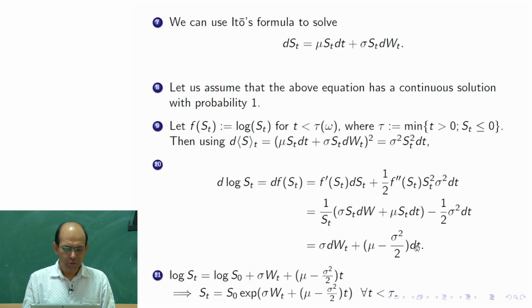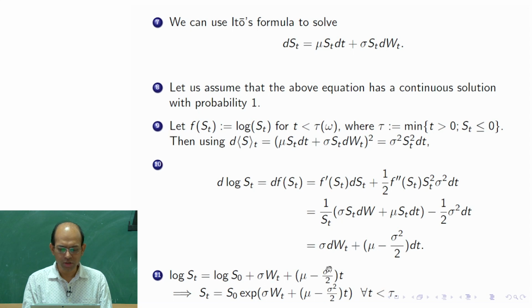Now I can integrate both sides from 0 to t. If you integrate this from 0 to t, I would get log S_t minus log S_0. That log S_0 I transfer to the right hand side. So, log of S_t is equal to log of S_0 plus the integration of this, which is very easy, just sigma times W_t.